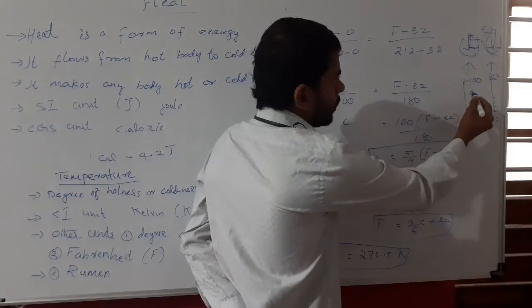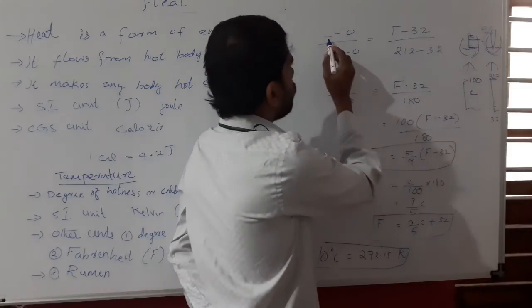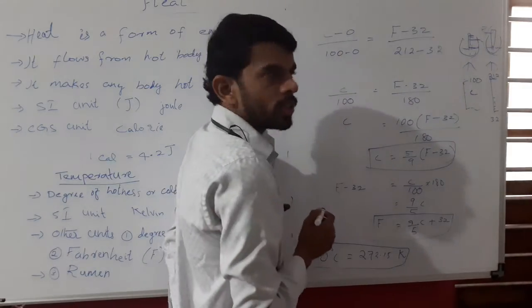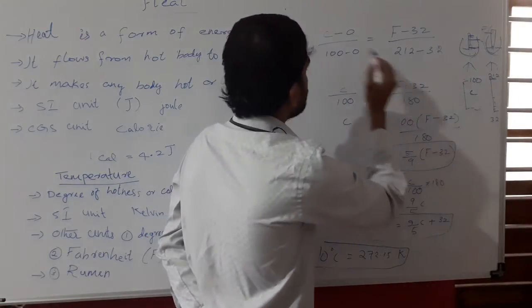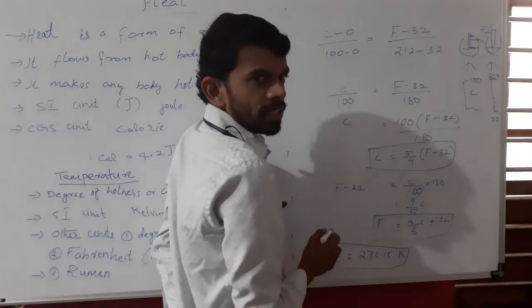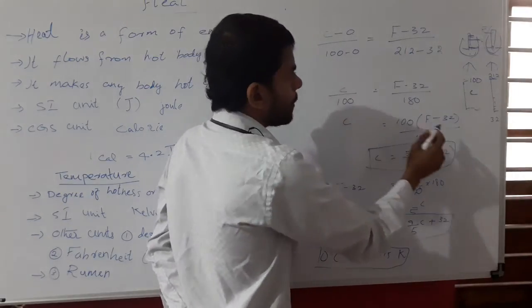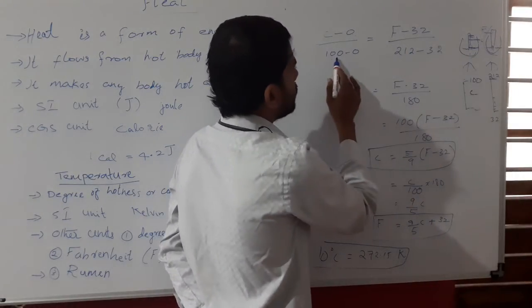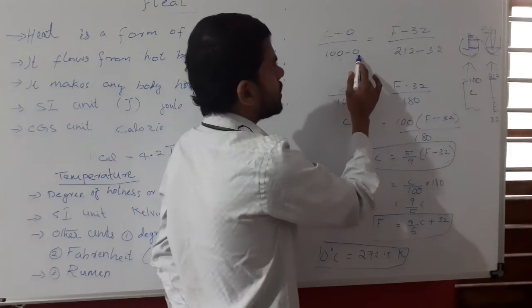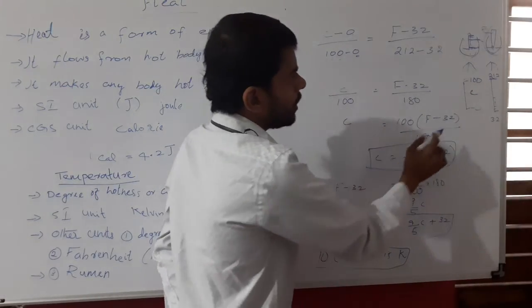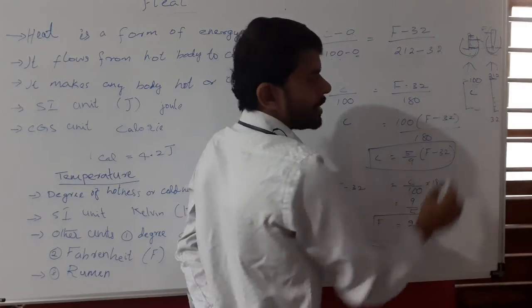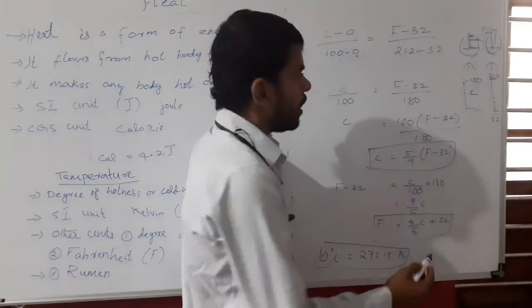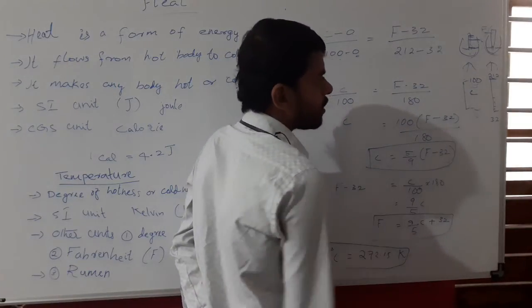Now, in order to compare both, C minus 0, what is the lower limit? C minus lower limit, divided by 100, that is the upper limit. So what is the upper limit of degree Celsius? 100 is the upper limit. Lower limit is 0.